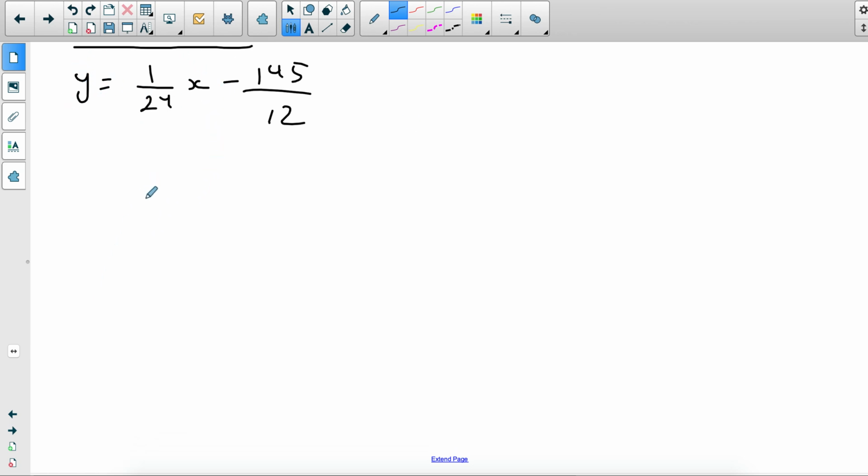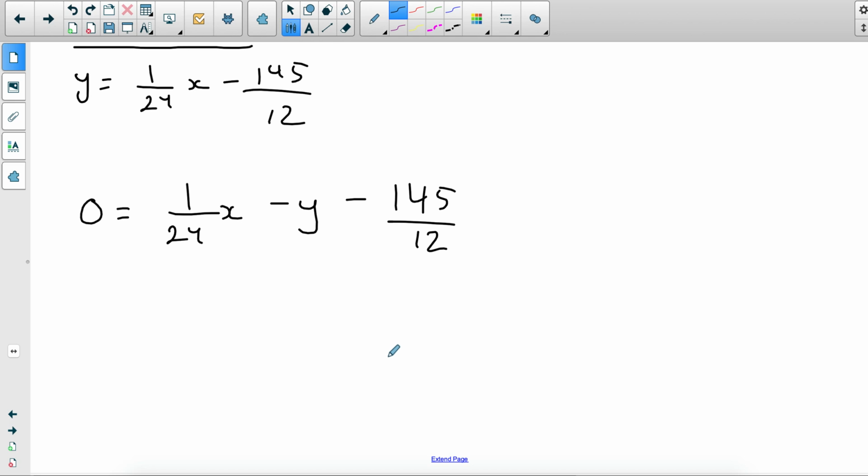So we end up with 0 is equal to 1 over 24x minus y minus 145 over 12. Well, this is not nice. Again, they told us that it has to be x plus by plus c equals 0. Now, b and c could be negative numbers, it's fine, as long as x has a power of 1.